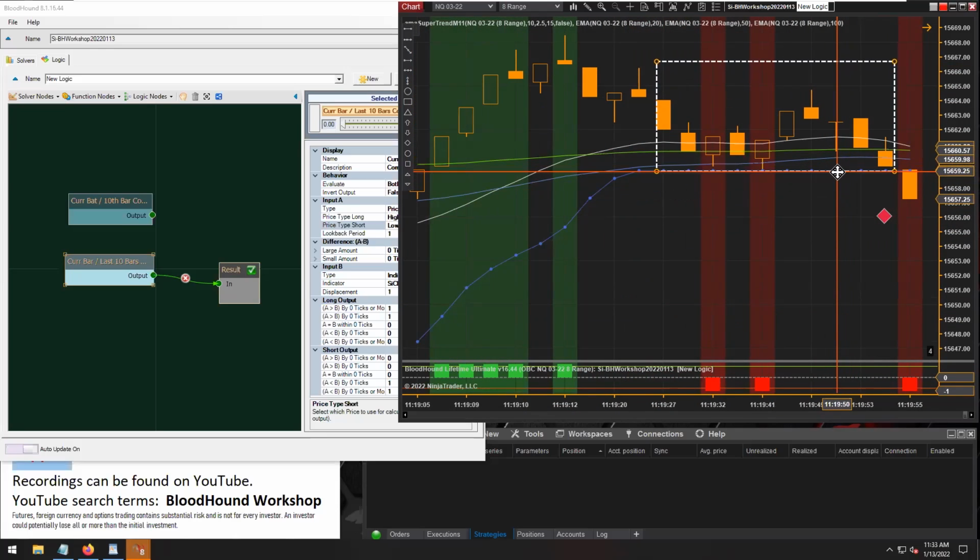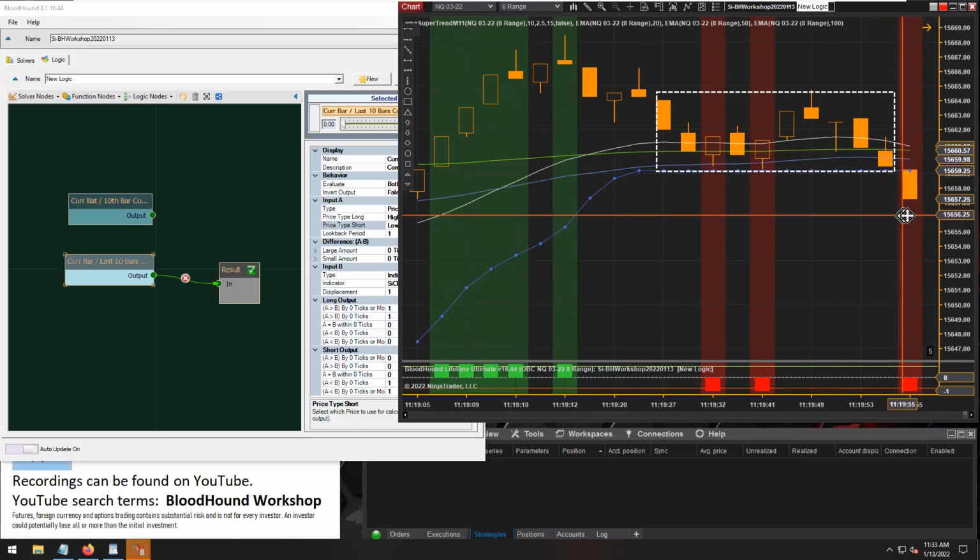And let's take a look at the low prices here. So this bar had made the lowest low of the last 10 bars right there. And so the current bar is lower than the lowest low of the last 10 bars. All right.